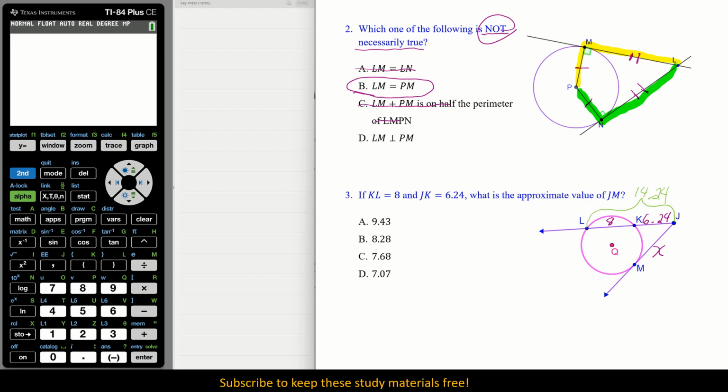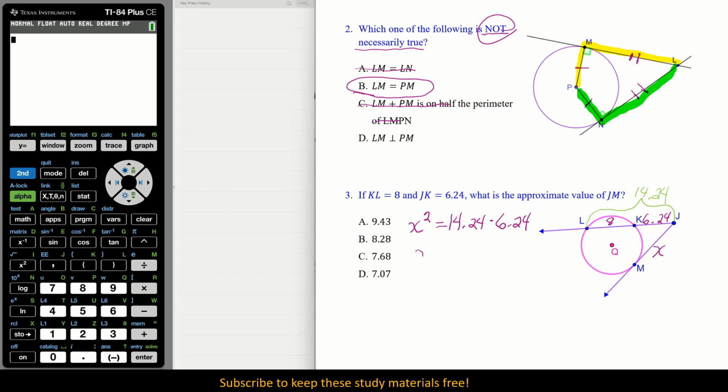Our X value, that length JM, you square it, and you know that when you square it, that is equal to 14.24 times 6.24.